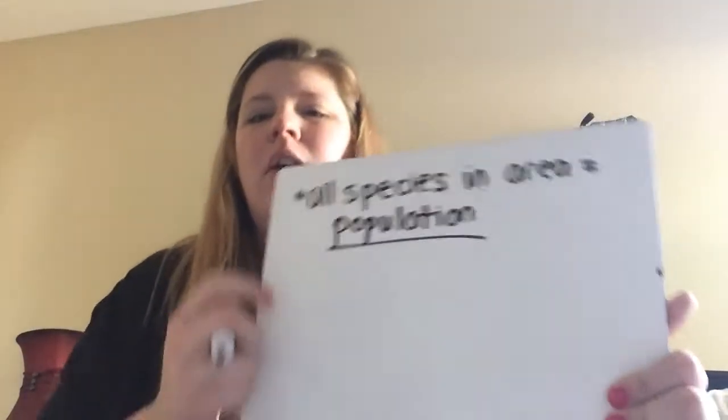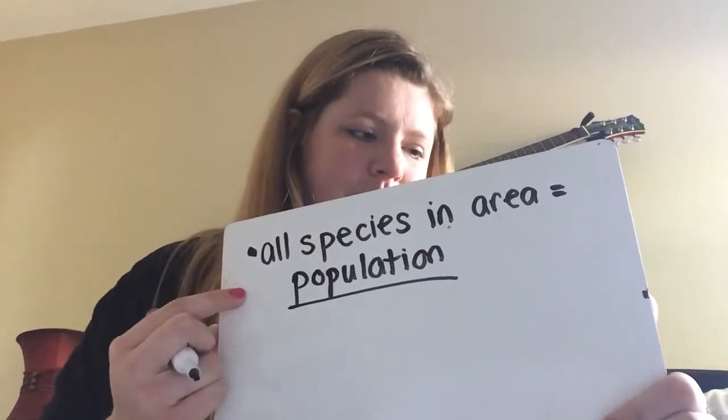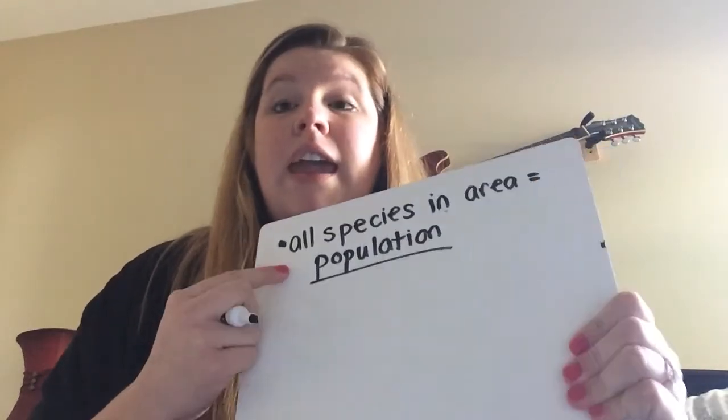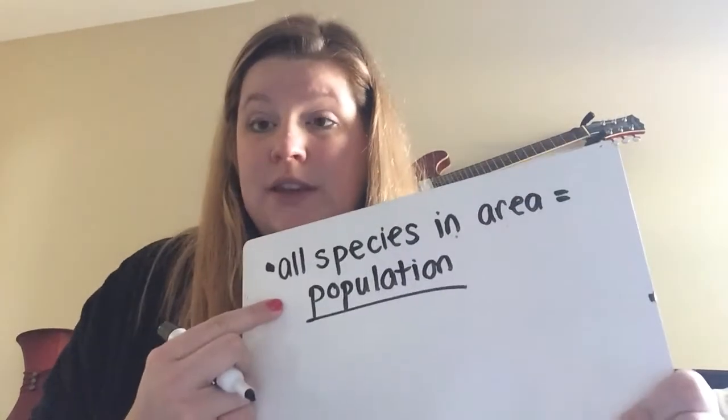With that, when you have the one species, then all of a sudden we start having all these species in the ecosystem in an area. It's known as a population. Okay, so to make this a little more understandable, a possum is a species.